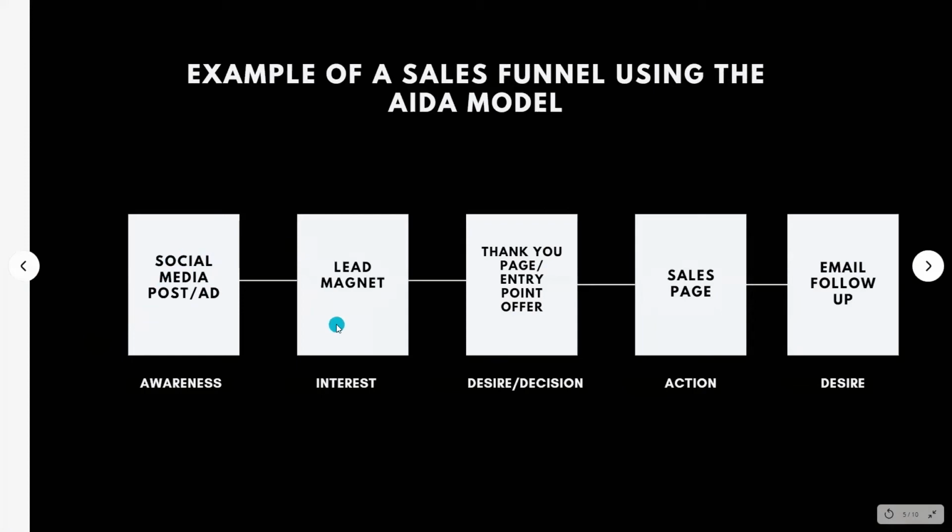It leads them to a lead magnet or landing page, because right now they're interested and they want to know more. So they go ahead and download your lead magnet. It could be a free book, a video, a webinar, it could be anything, but it's free. From there, they move on to the thank you page.